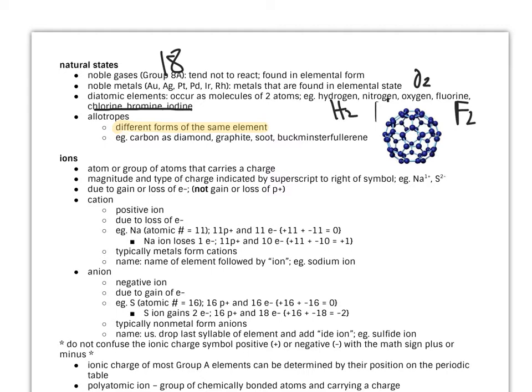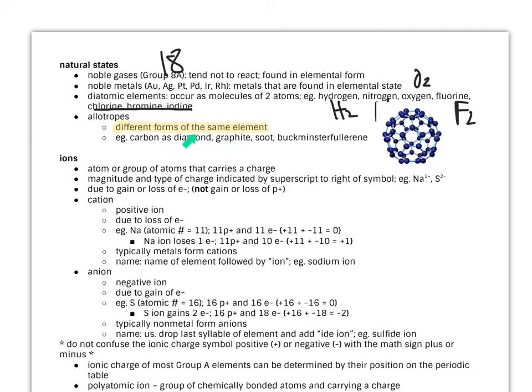So for example, carbon, we know carbon exists in many different forms, and the most recognizable is diamond, which is just carbon compressed. And then there's graphite, which is also carbon. So basically pencil lead is graphite, and it's made of carbon.